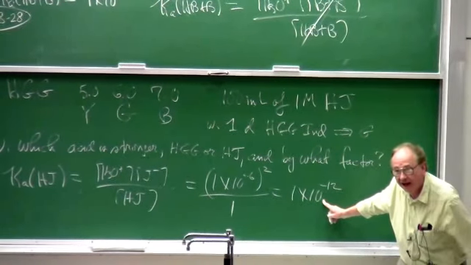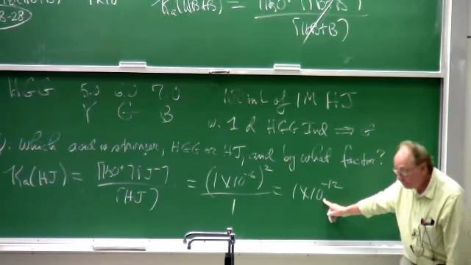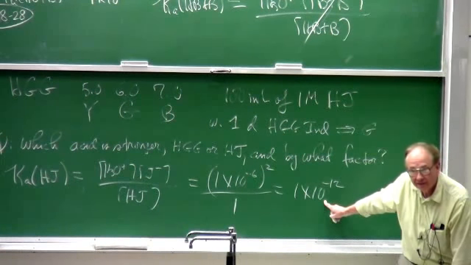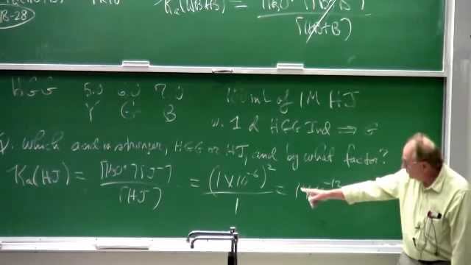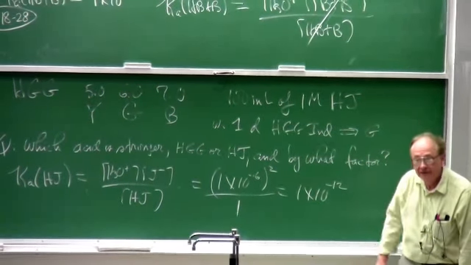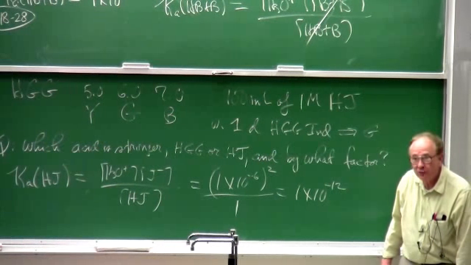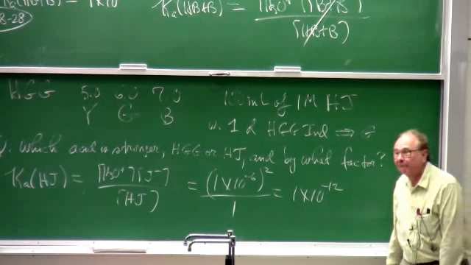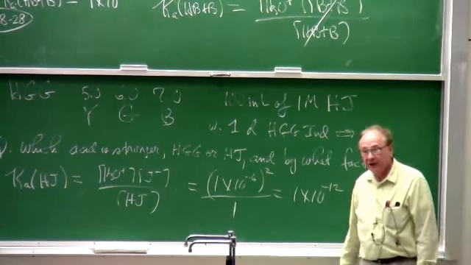There it is. You see to what extent HJ is ionized in this solution? Damn near nothing. It's 1 times 10 to the minus 6 over 1 times 100%. HJ is ionized 1 times 10 to the minus 4%. I think it's fair to say that practically speaking that stuff isn't ionized at all. We'll pick it up from this point next time.